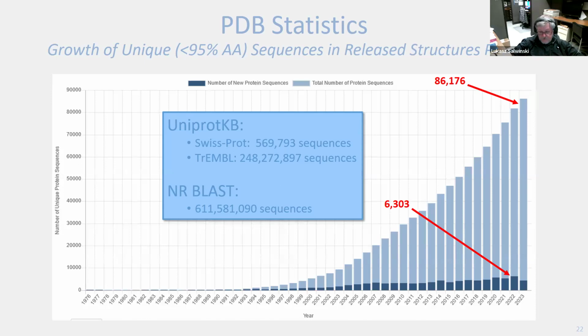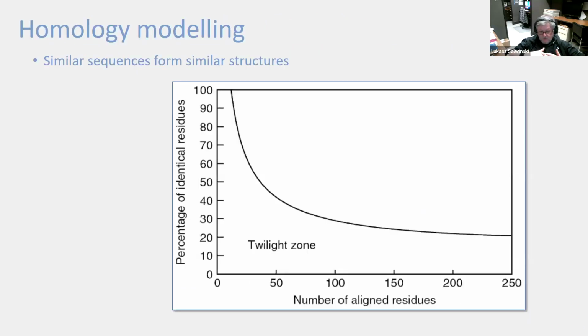The observation was made quite a long time ago, probably in the 70s or 80s, when protein sequencing and protein structures were starting to pick up. The observation was that as long as you're about 20 to 30% identical in terms of sequence, the structure of the corresponding proteins is going to be essentially the same.